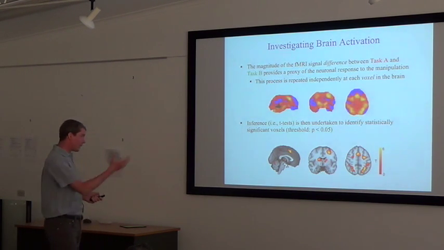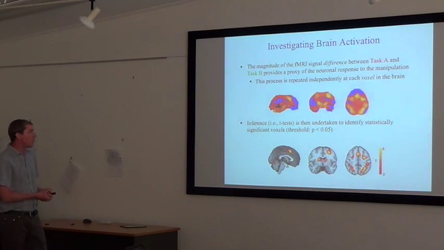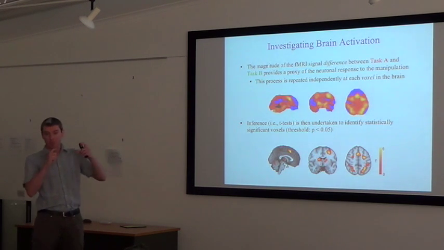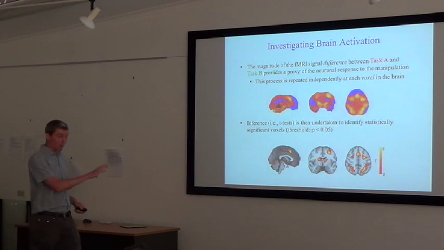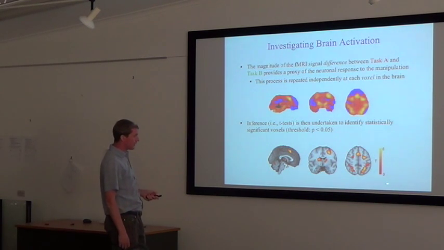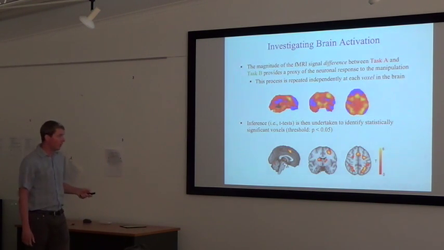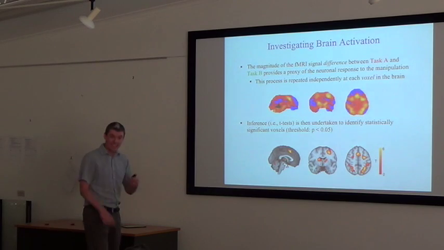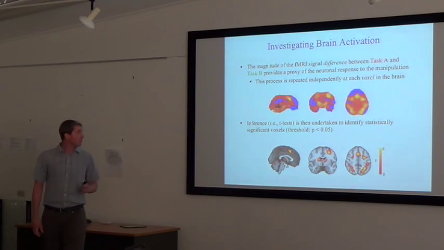These are the nice pictures that we publish. But we can very easily just change out each of these individual boxes for a number or a bar graph comparing our two conditions. That's what we're looking at. And there should always be a scale along with it showing you if it's a T statistic or an F statistic or whatever it might be. So that's what we're talking about in terms of activations and how we get there.